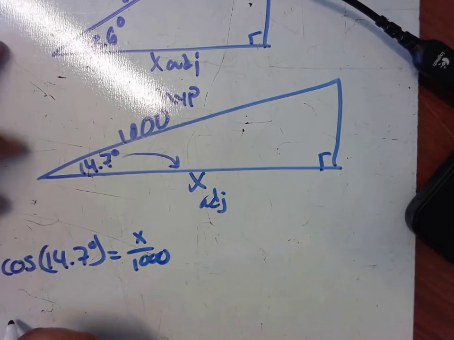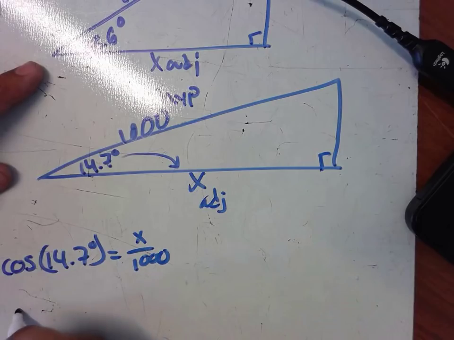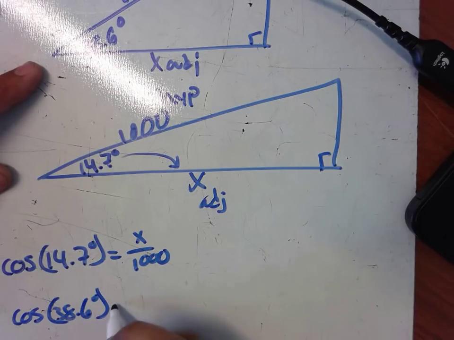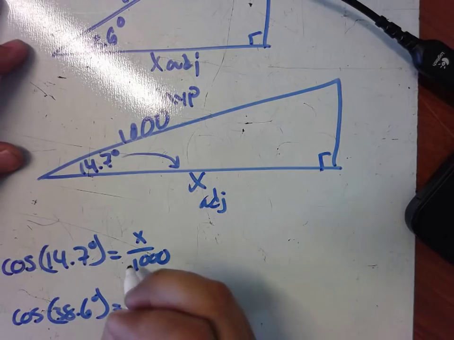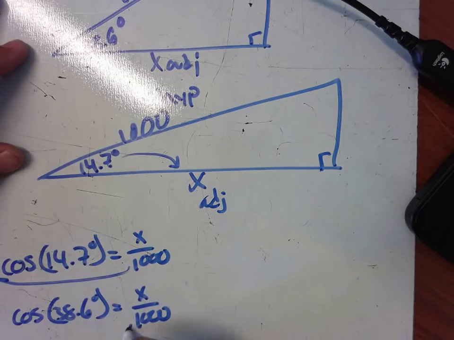For the larger one, the cosine of 38.6 degrees is equal to adjacent over hypotenuse. For both of these, your variable's in the numerator, so you take your denominator and just multiply it out front.